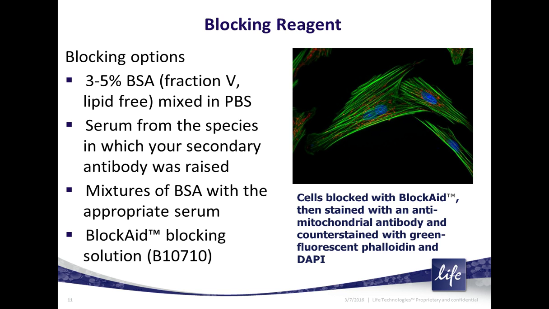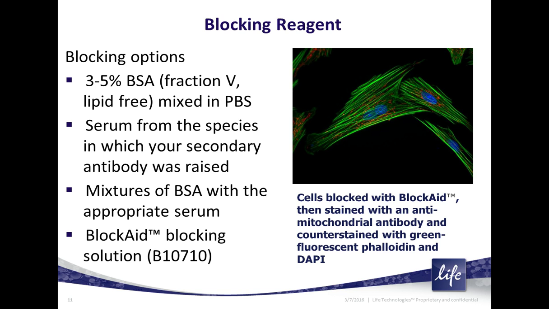That's very common. Another common blocking reagent is bovine serum albumin, or BSA. 3 to 5% is commonly used. When I would do a protocol, I would typically do a mix of those two, a 6% BSA with a 10% normal goat serum or other serum. And I found that that was very good for blocking.